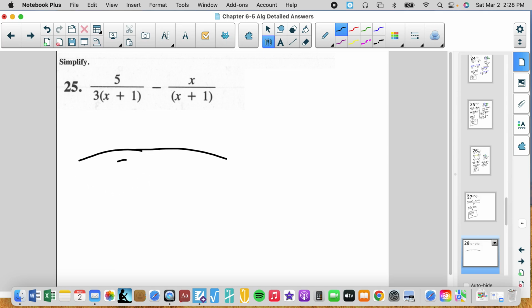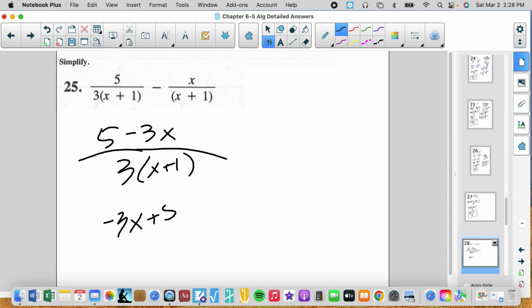Let's put it in the middle. 3x plus 1. So that 5 is unaffected. And then we're going to have negative 3 times x, because I'm going to have to multiply both of those by 3. And we have that negative. So it's negative 3x plus 5 over 3 times the quantity x plus 1.